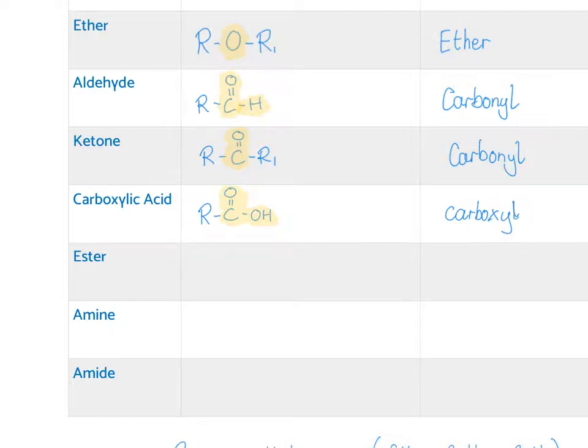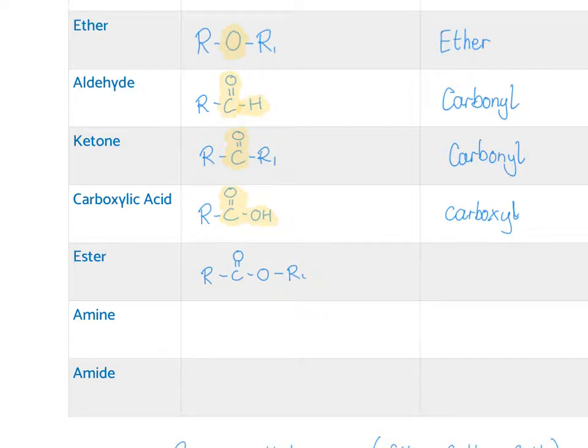Then we're going across to the ester family, and the ester family has the alkyl group attached to a carbon with a double bond to oxygen, and then another oxygen. But instead of being like the carboxylic acid attached to a hydrogen, we're going to continue now across to another alkyl chain.